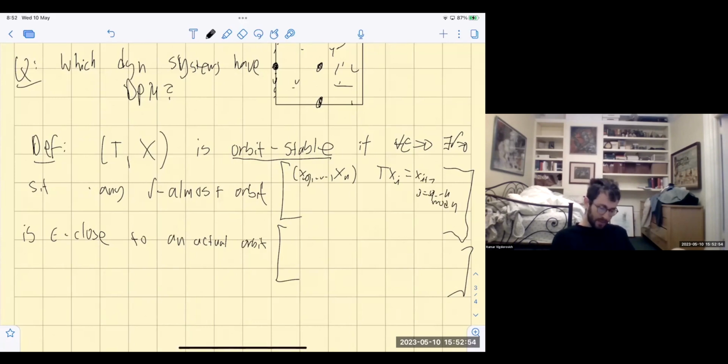But what is an almost orbit is to say that the distance between these two points, T x_i and x_{i+1}, is smaller than delta. This is a delta almost orbit. Being epsilon close to an actual orbit means that there is an actual orbit y_0, ..., y_n, with i equals 0 till n, 1 mod n. So this is an actual orbit, but which is very close to the original orbit. So the distance between x_i and y_i is smaller than epsilon.